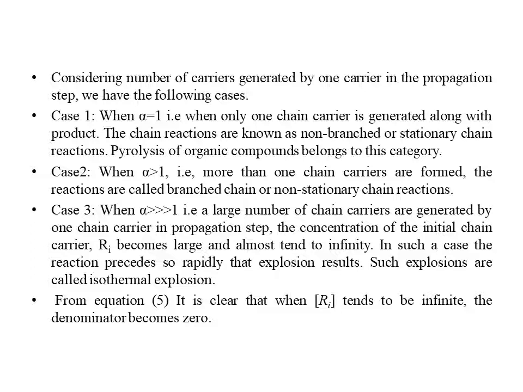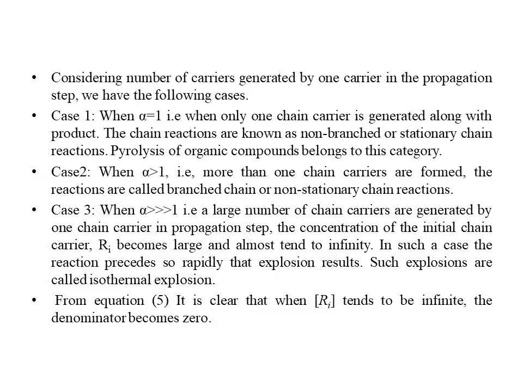Now again, considering the number of carriers generated by one carrier in the propagation step, we have the following cases. Case number 1, when alpha is equal to 1, only one chain carrier is generated along with the product. These are non-branch or stationary chain reactions.